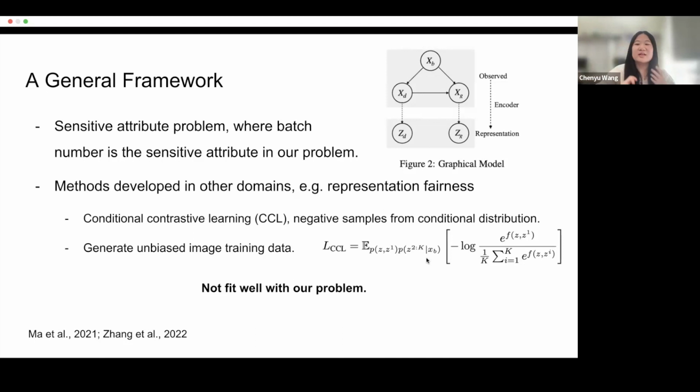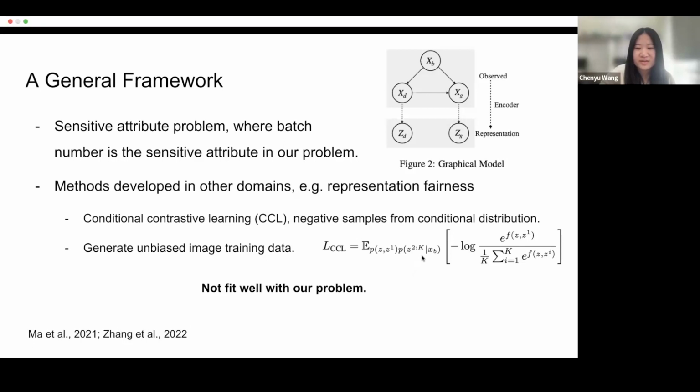Theoretically speaking, it can remove the batch confounder. However, this doesn't fit well with our problem because in practice, in the data sets that we are using, there are very limited samples within each batch. There are hundreds or thousands of different batches, and only 200 or 300 drugs within the same batch.